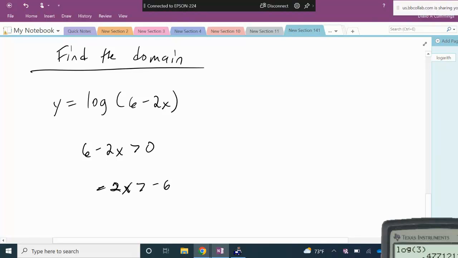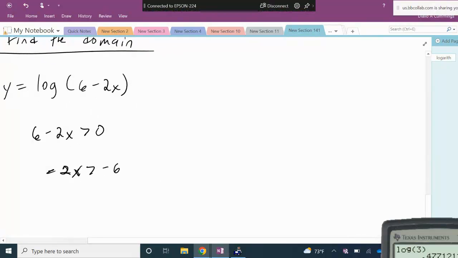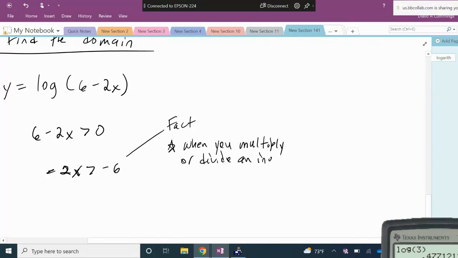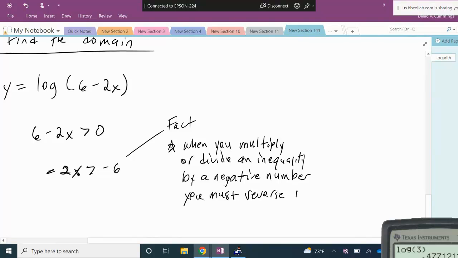Okay. The next thing I'm going to do is divide both sides by a negative. So you just want to remember this fact. When you multiply or divide an inequality by a negative number, you must reverse the sign.